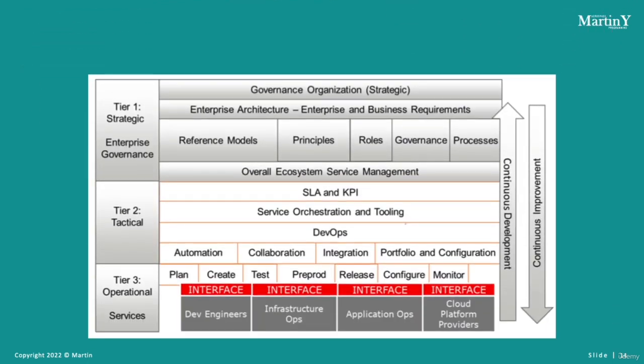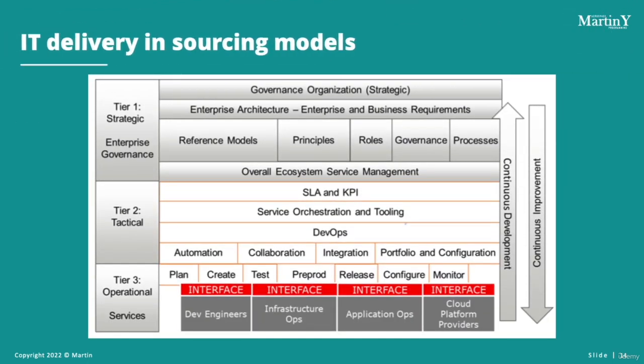So let's talk a little bit about delivery in a sourcing model, and you can see this on the graph in front of you. Sometimes sourcing can be quite complicated, but if we learn to think in terms of sourcing tiers, which you can see right here, it becomes way more comprehensible and easy to understand. Using this model, we can break the IT delivery into three main tiers.